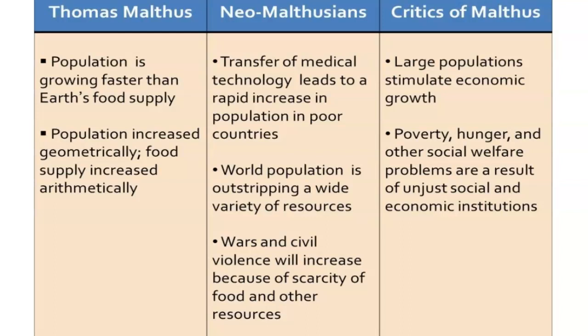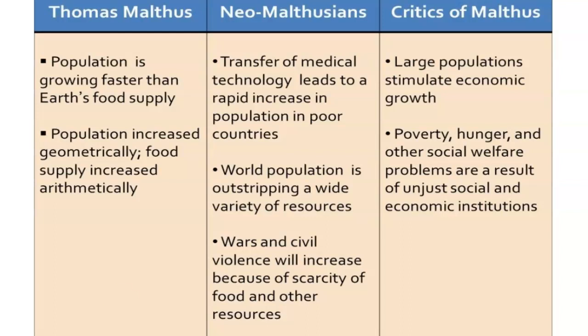Critics of Malthus would say that humans have been able to come up with new innovations that prevent this from happening. And so also that the larger populations that grow, the more common and more likely it will be to come up with these innovations, because larger populations also stimulate economic growth. They also believe that poverty, hunger, and social welfare problems are the result of unjust social and economic institutions, not so much of increasing populations.